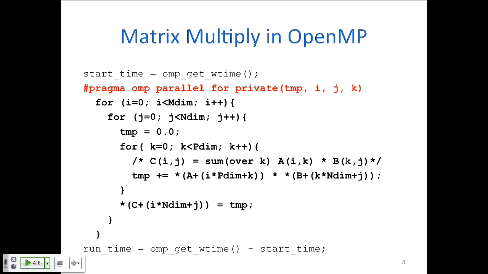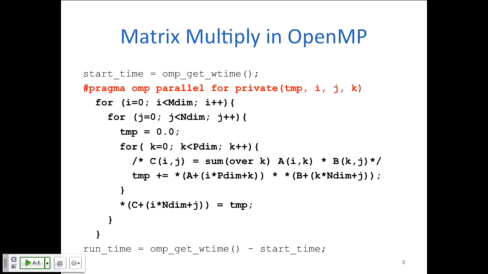And this inner loop is just doing a dot product. It's reading a value from A, a value from B, multiplying them together, and adding them into the sum. And this is just using pointer arithmetic to get at the right element in those two-dimensional matrices. And this just writes the result back out to the C matrix.